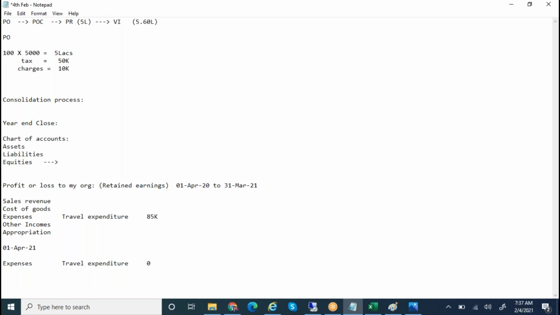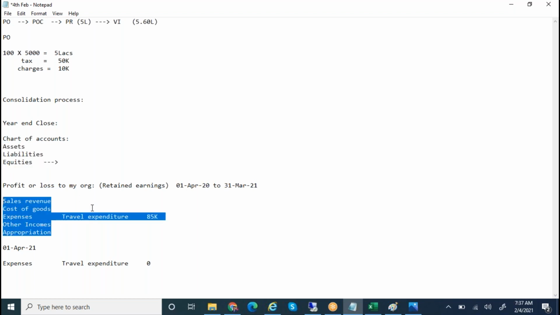It should be 0. That means all balance sheet items will be carried forward to the next year. All P&L accounts will not be carried forward; the balances will not be transferred to the next year.